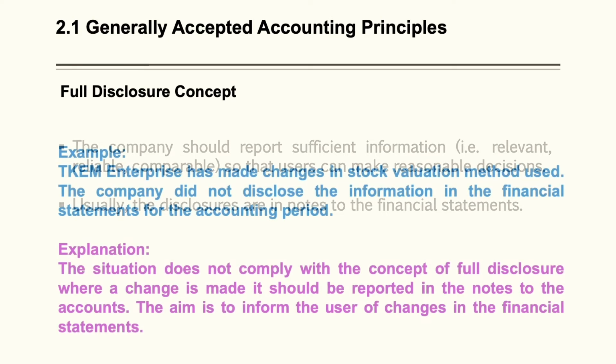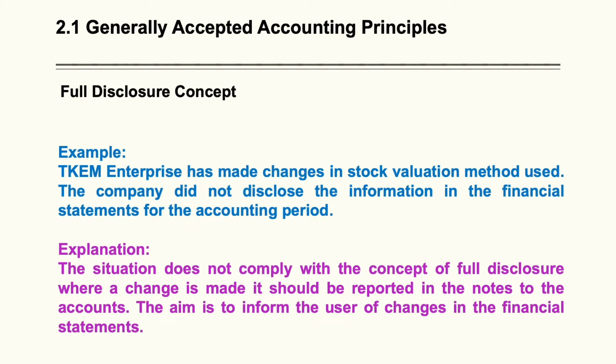Look at this one. TCAM Enterprise has made changes in the stock valuation method used. The company does not disclose the information in the financial statement for the accounting period. So based on this concept, the situation does not comply with the concept of full disclosure. Where a change is made, it should be reported in the notes to the accounts. The aim is to inform the user of changes in the financial statement.